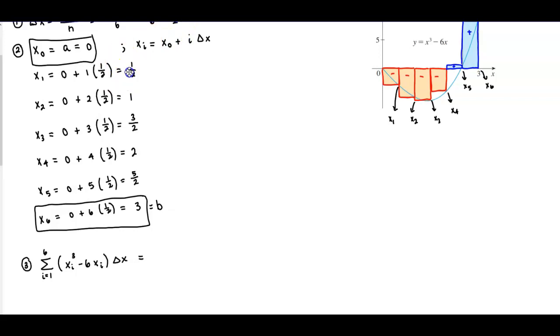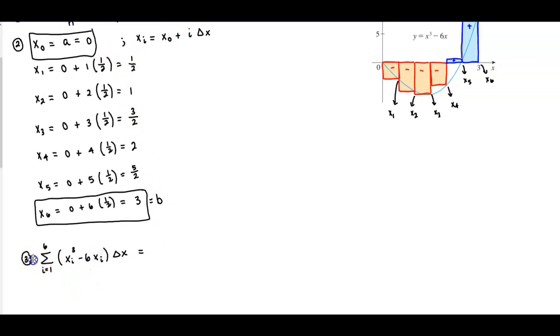We know what those numbers are from looking over here. Keep in mind that we're using the right endpoints, so technically what we're looking for is R6, since n is equal to 6.